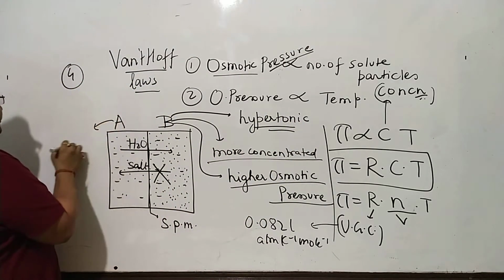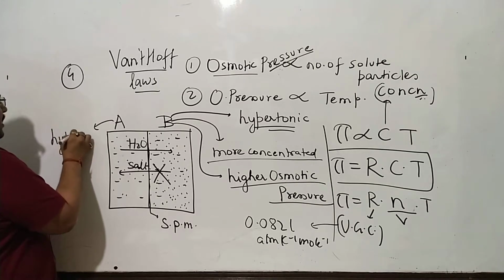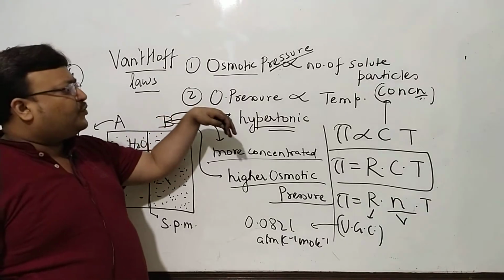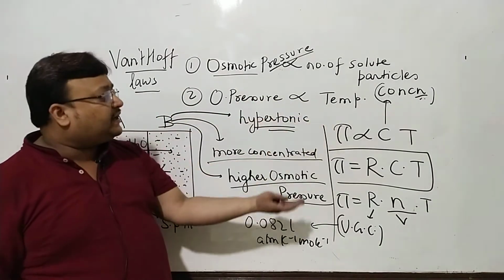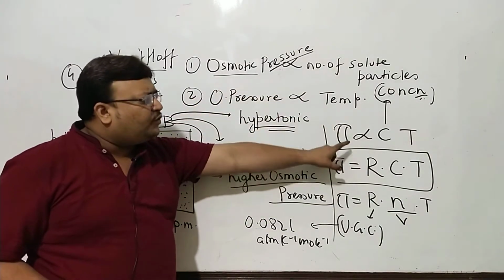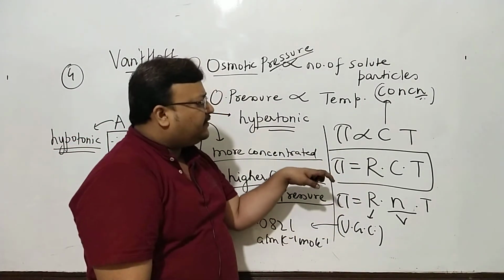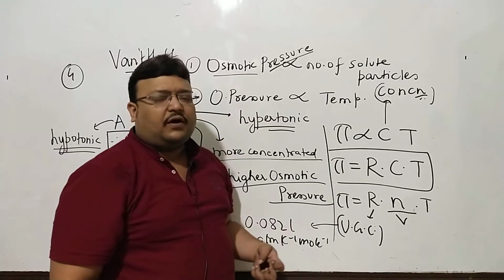The one having lesser osmotic pressure is called hypotonic. Osmotic pressure is proportional to temperature, that's expected, but it's also proportional to the number of solute particles. The constant is the same universal gas constant, and that makes it a colligative property.